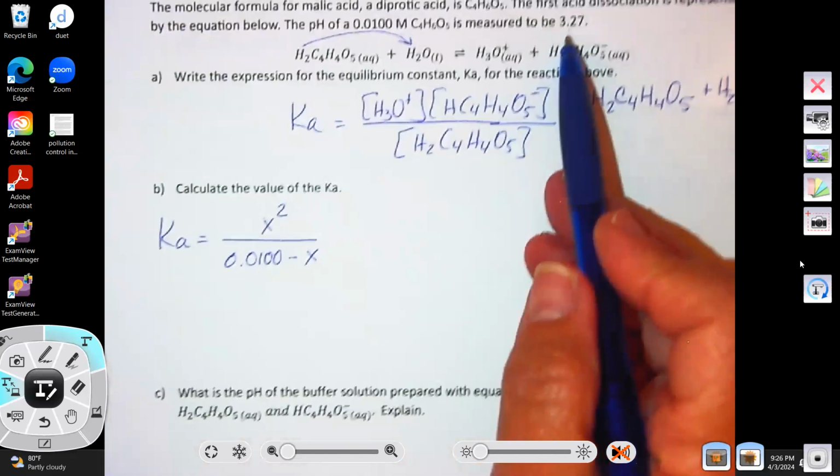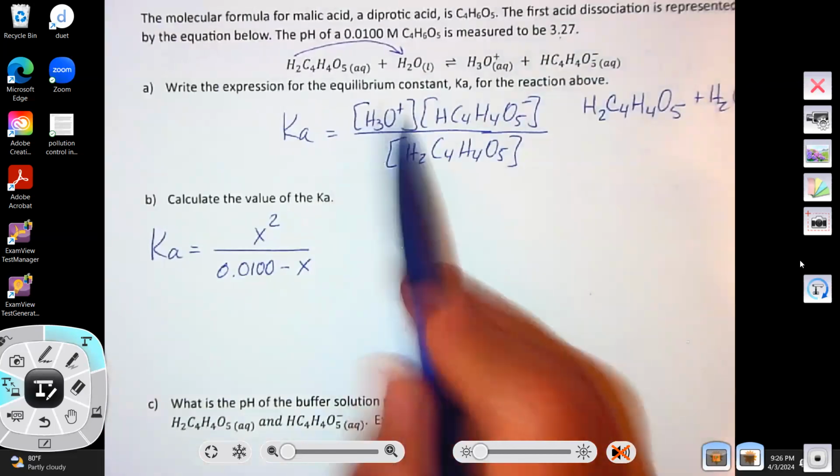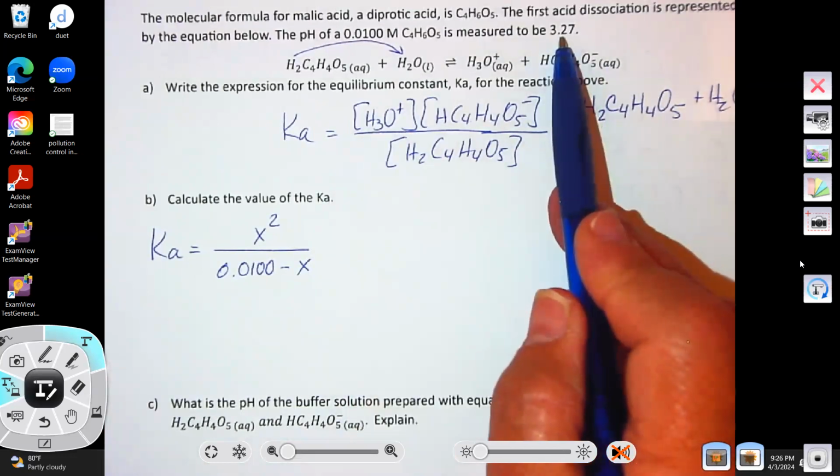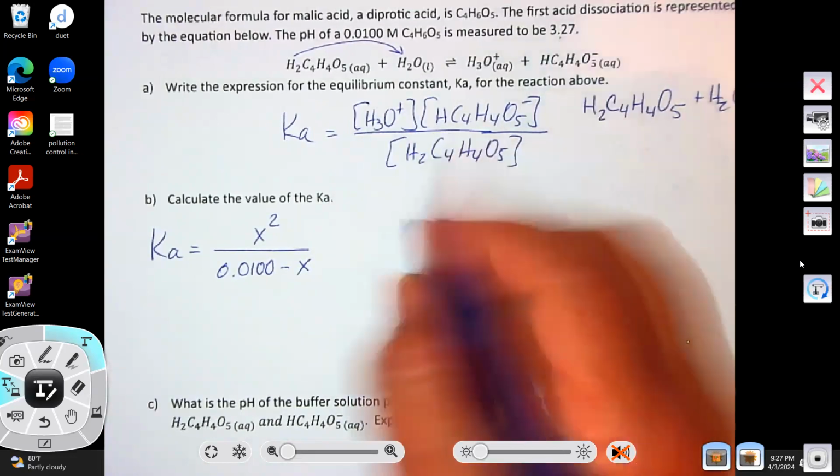So just like in the other problem, we can find the concentration of the hydrogen ion by using the pH.